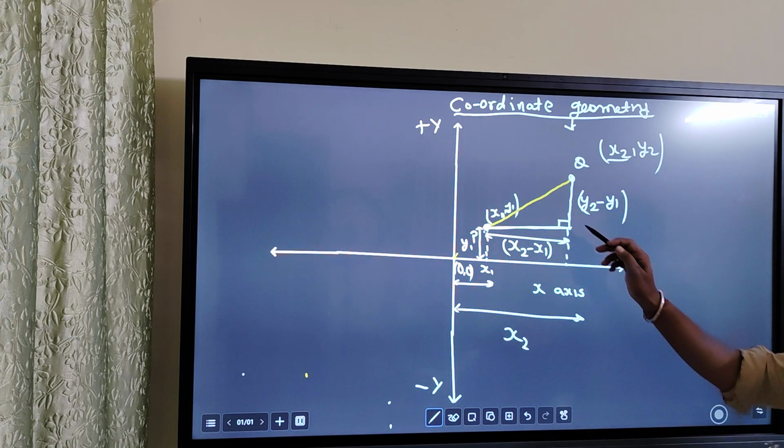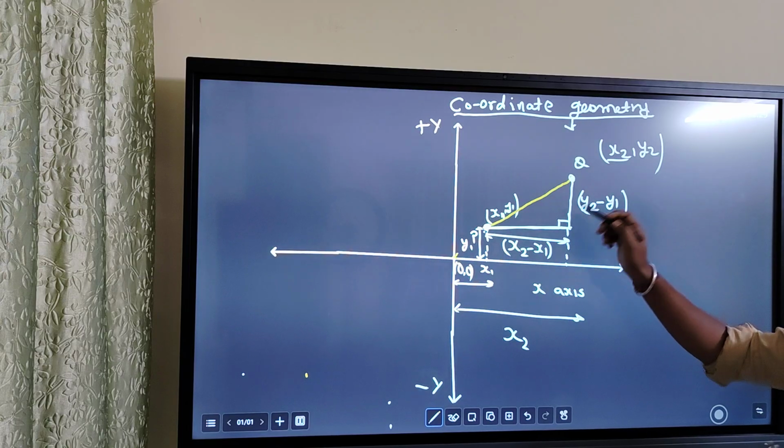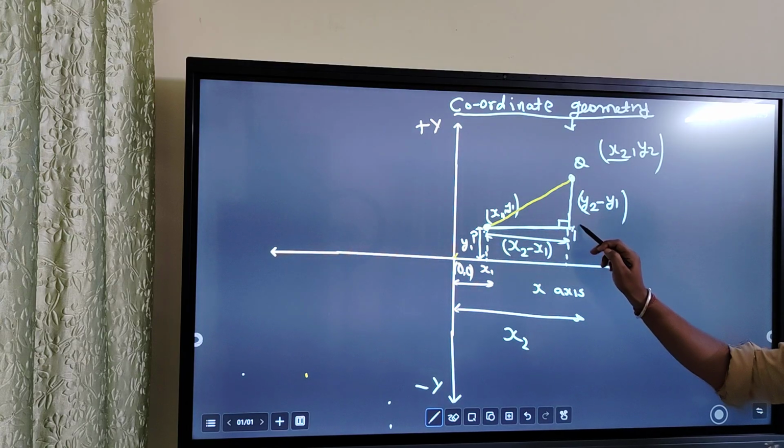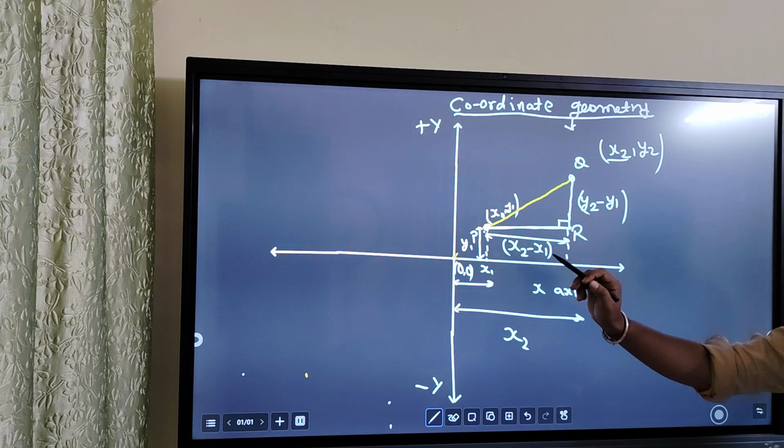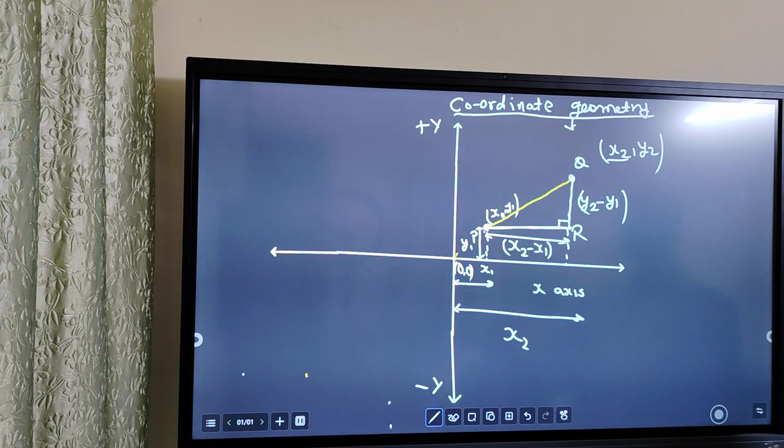Okay, right angle triangle. Here is a right angle triangle, you can name it PQR. In this, P's coordinate is x1, y1, and Q's coordinate is x2, y2.